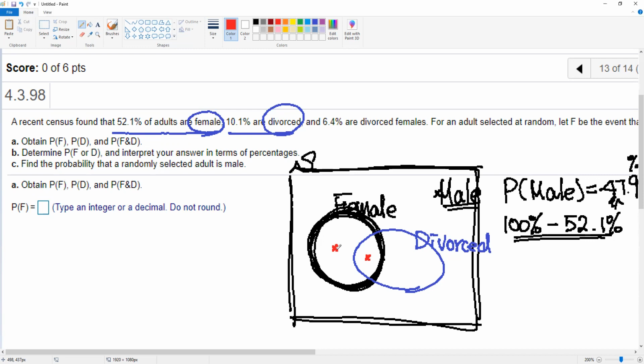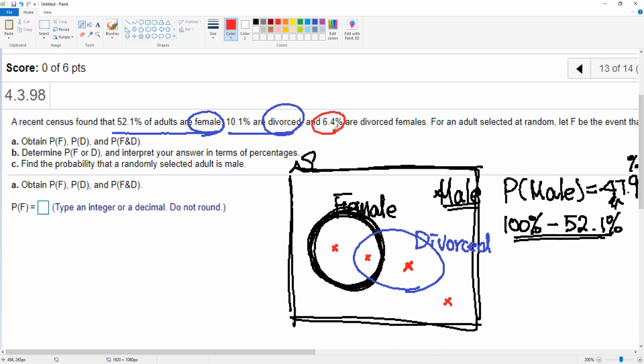Does it make sense, right? How about this one? Divorced who? Divorced is outside of the female. So it's here. That is the divorced male. Then how do you think here? Male, but not divorced, right? So case by case, it's partition by partition. We can interpret it. We should understand who is here and who is there. Good, right?